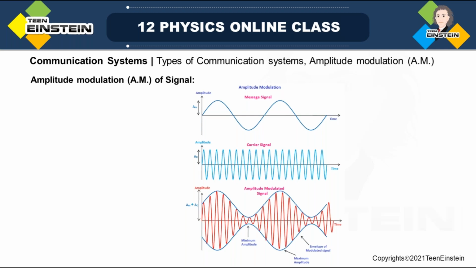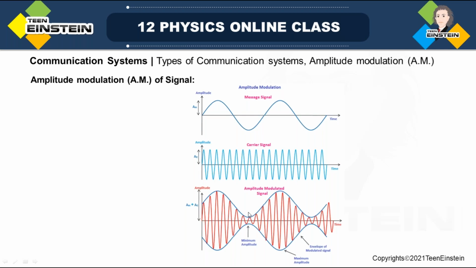So the amplitude of the carrier wave changes according to the modulating wave, and during the positive half cycle of the modulating signal, the amplitude of the carrier wave increases. I mean to say, during each quarter of the cycle, when it is increasing, the amplitude increases, and in another quarter of the cycle, the amplitude decreases.